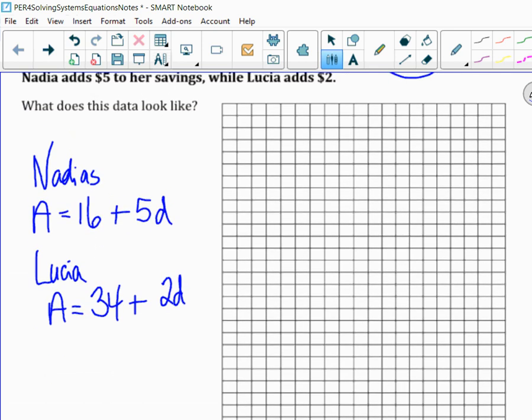Okay, so if we're going to make this right here, what's this axis going to be called? So A is what I use there, so that would be the money. Okay, and what's going to be our x-axis? By the way, we should be using a ruler. So this is actually our D, and that stands for days.